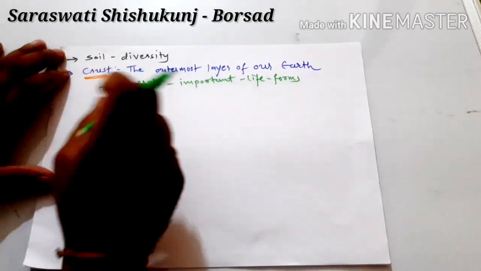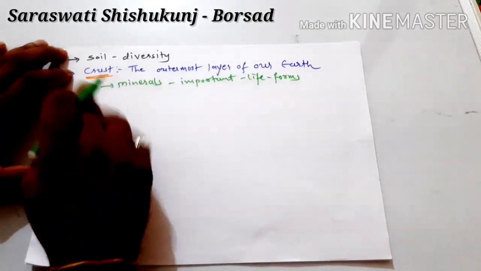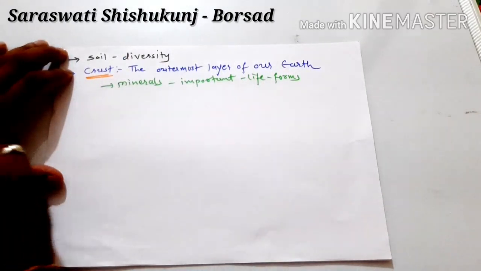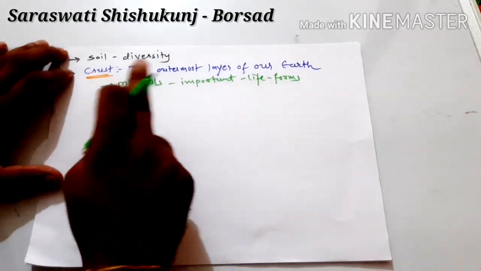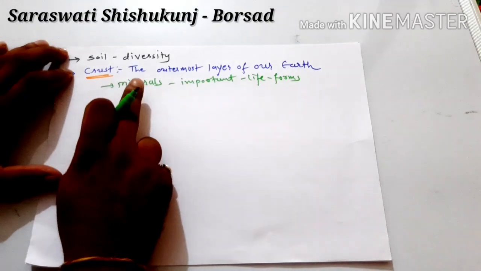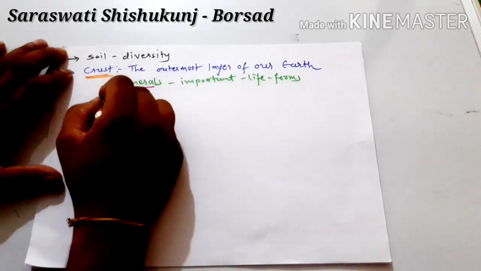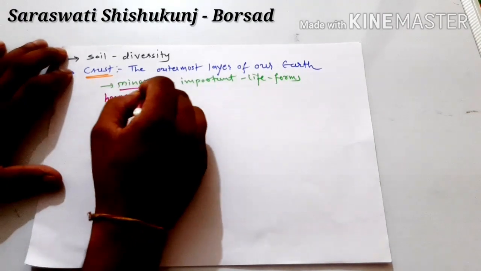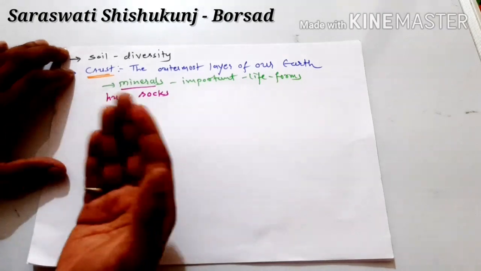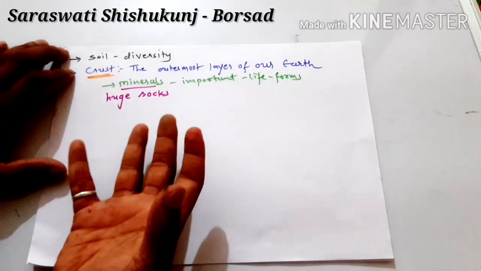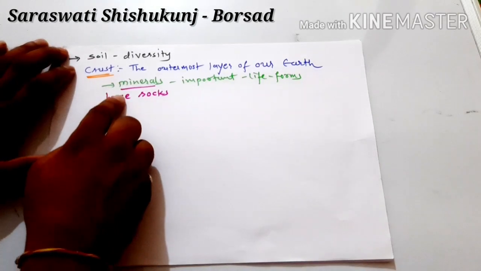Now this mineral which is very important for life forms may not be delivered to the organism if this mineral is in huge rocks. If the mineral is in the form of huge rocks, it is not convenient for the organism to obtain this mineral from the huge rocks, right?